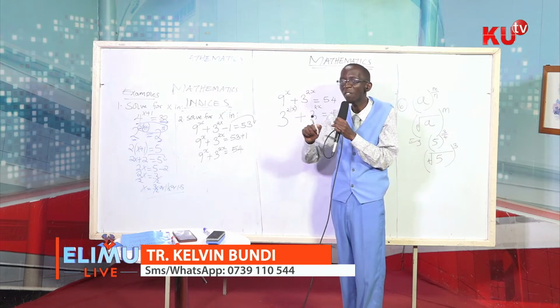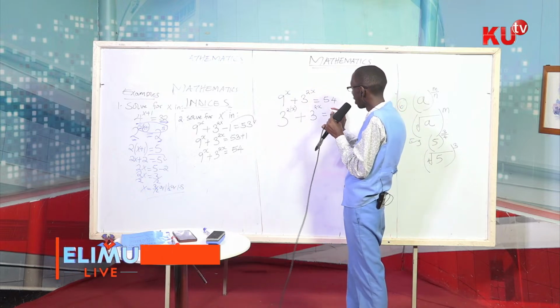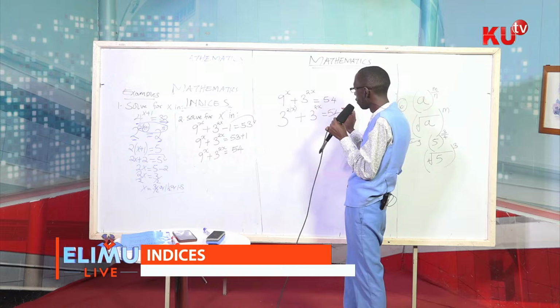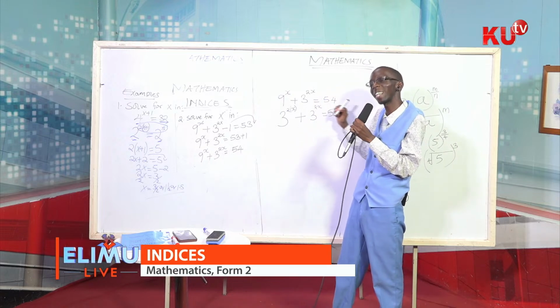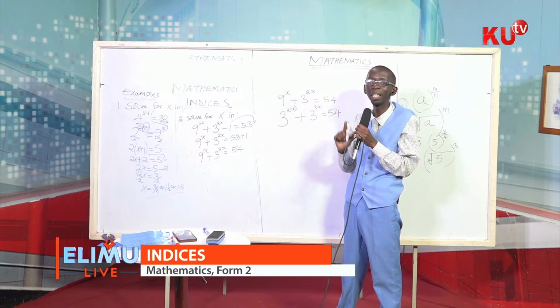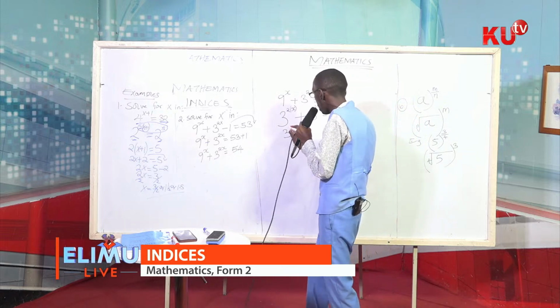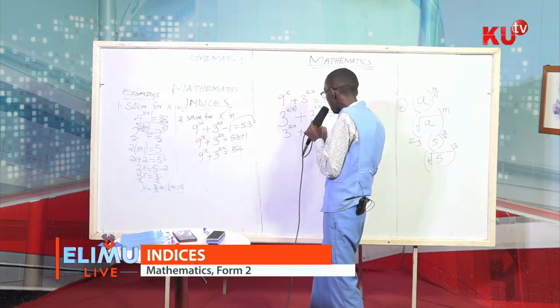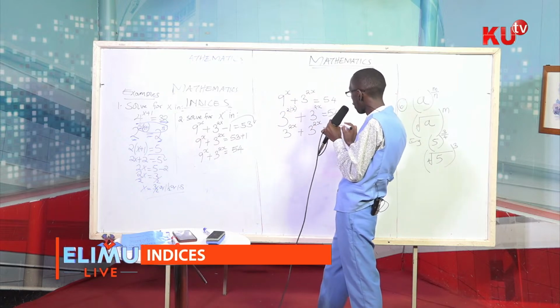Instead, we have an addition sign. So if that is the case, do not raise 54 to base 3. 54, or whatever is on the right hand side of the equal sign, should remain the way it is. So we have 3 to power 2x plus 3 to power 2x is equal to 54.